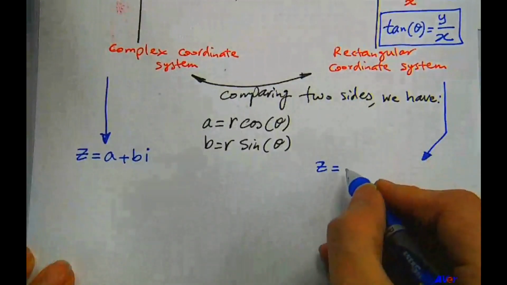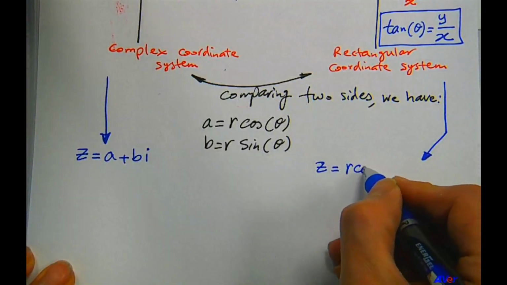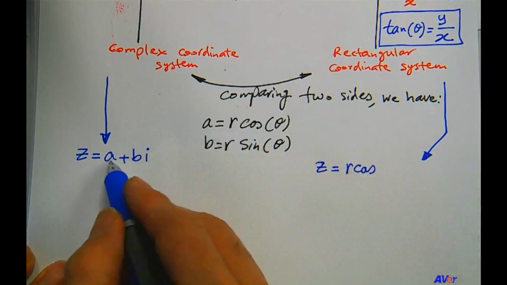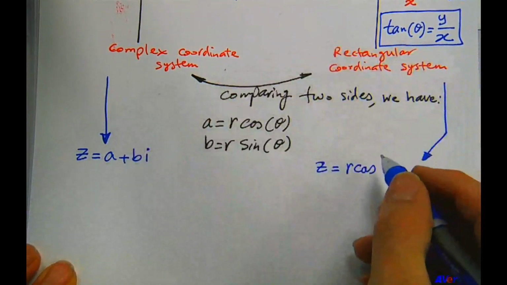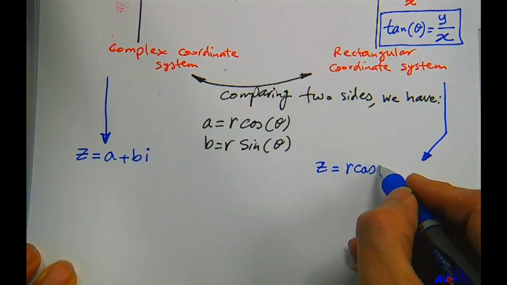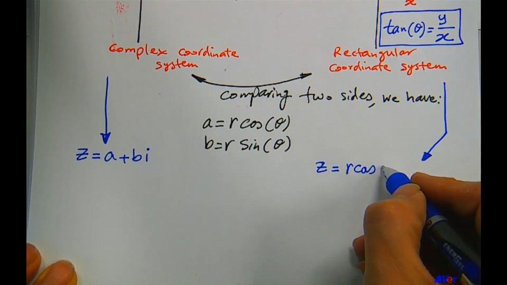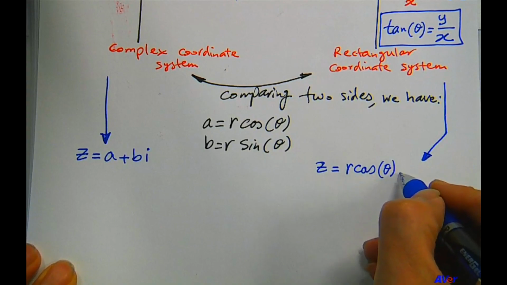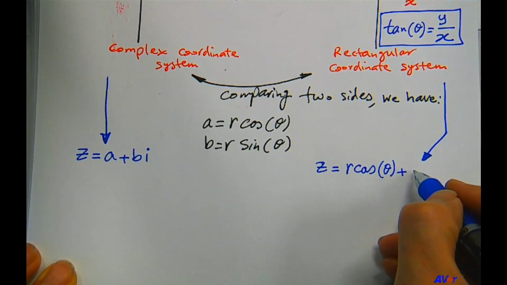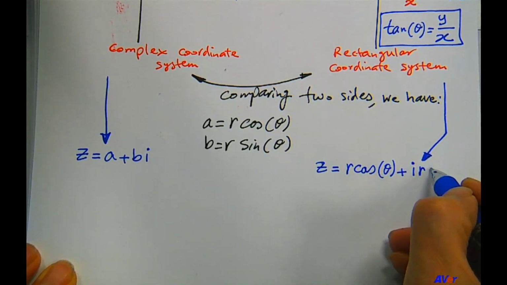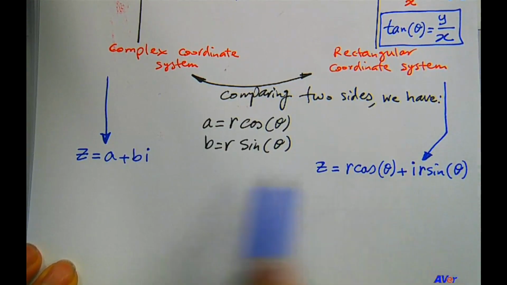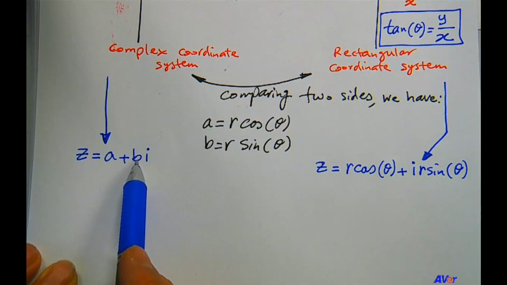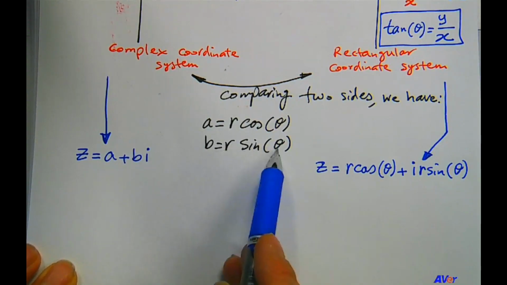I'm just replacing A and B with these two equivalents from the polar coordinate system: R cosine theta plus I R sine theta.